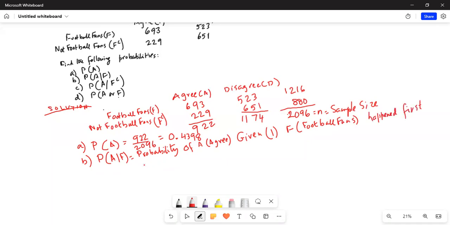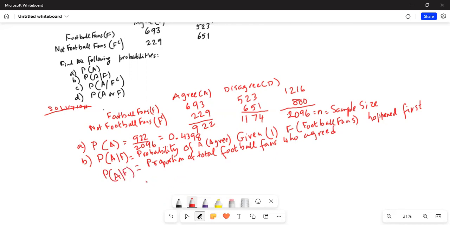So in other words, what we are trying to find out is what proportion of total football fans agreed. That is P, A given F. What proportion of football fans agreed?